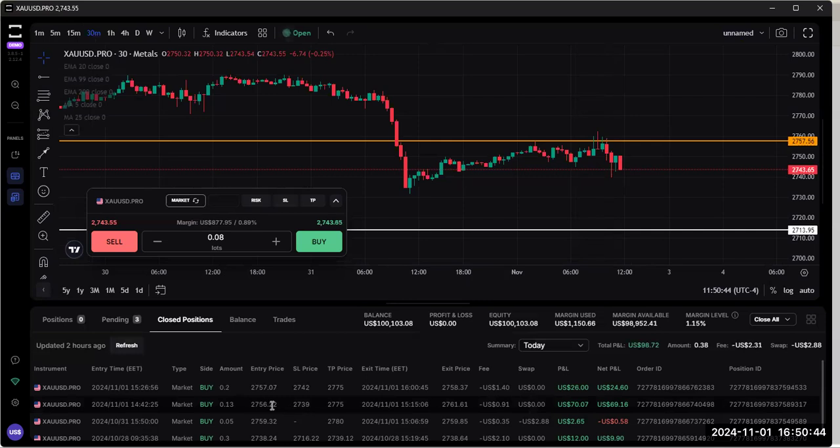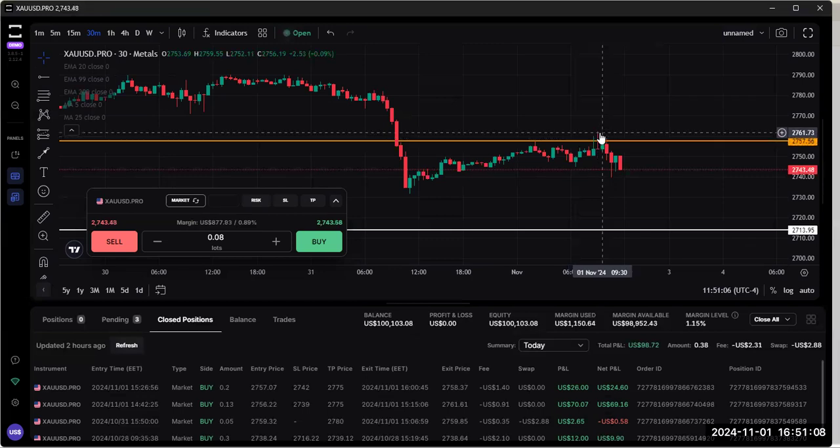Sorry, 2756 was the entry price, and the exit price was 2761. But as I saw that price was struggling to go above, I decided to close.